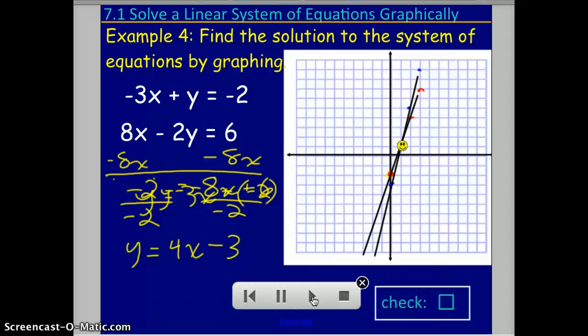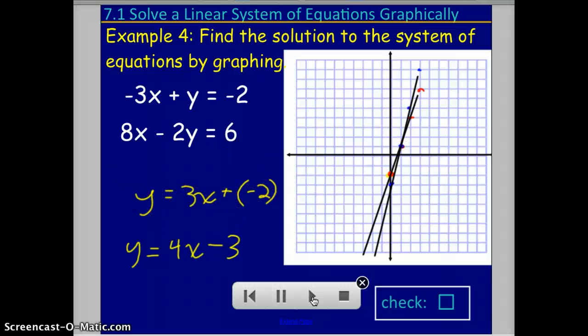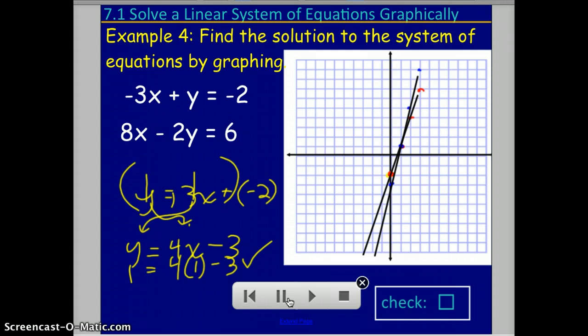Now we have to check it. Plug it into the correct variable, even though they're both the same. 1 plus 4 times 1 minus 3 does in fact equal 1.